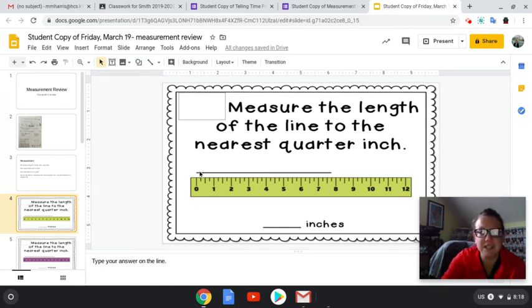We're measuring this line, and it goes 1 whole inch, 2 inches, 3 whole inches, 4 whole inches, 5 whole inches, 6 whole inches, 7 whole inches. But it doesn't quite go another full inch. So we know that it's 7 inches and then part of another one.